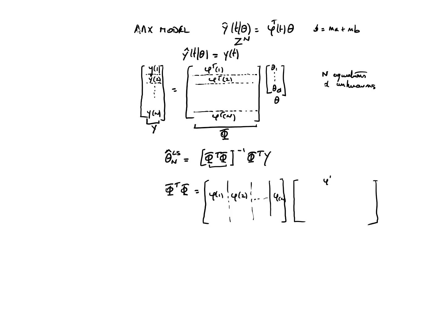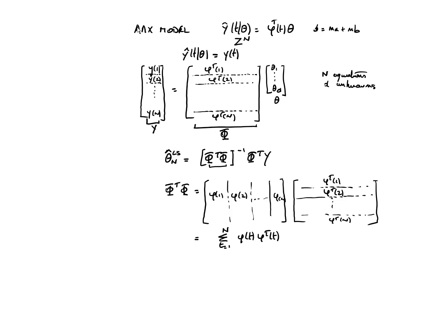So this one was phi transpose 1, phi transpose 2, up to phi transpose n. Okay, and then this matrix is organized in columns, this one in lines. Well, we have seen in the course of linear algebra that you can write this as the sum where t is from 1 to n of phi t phi transpose t.